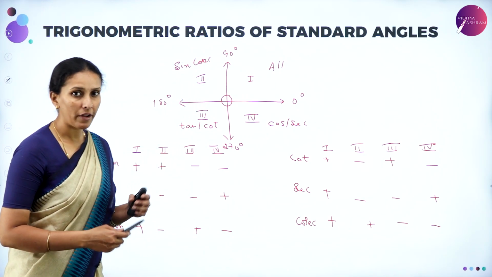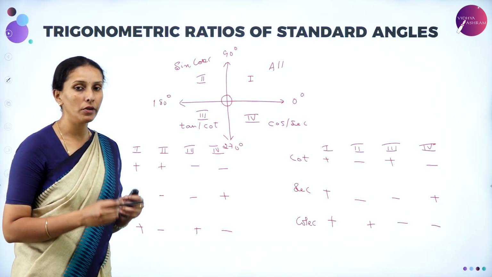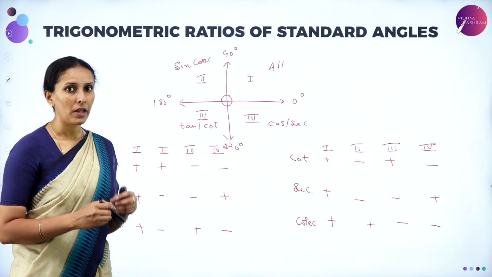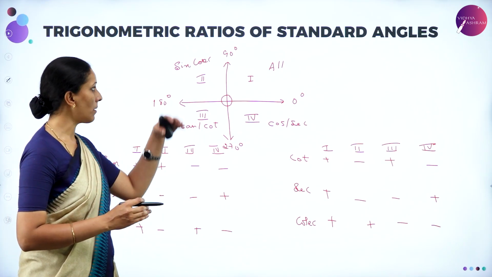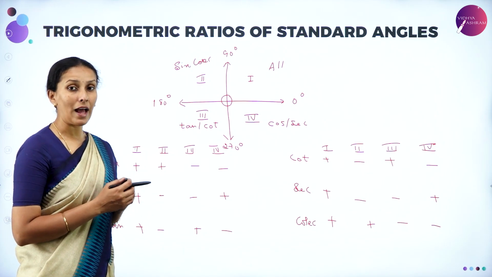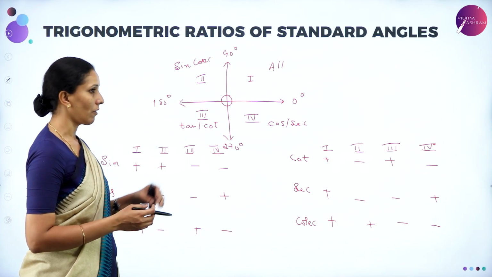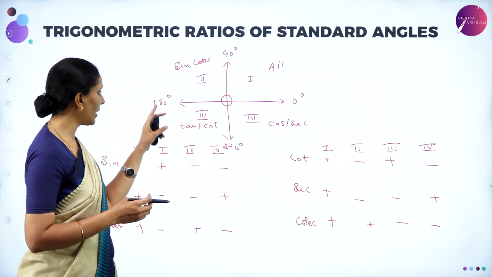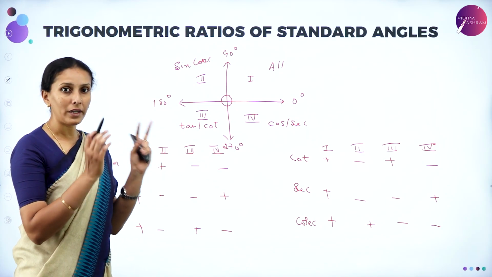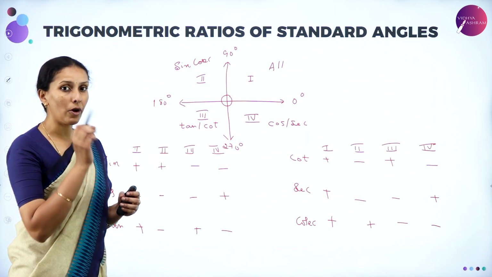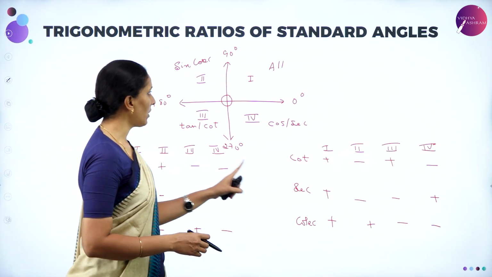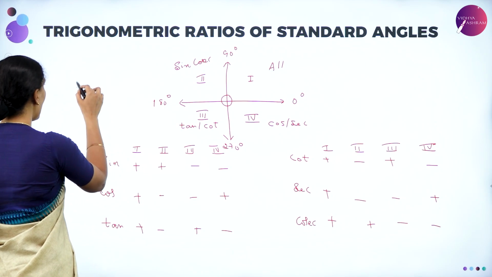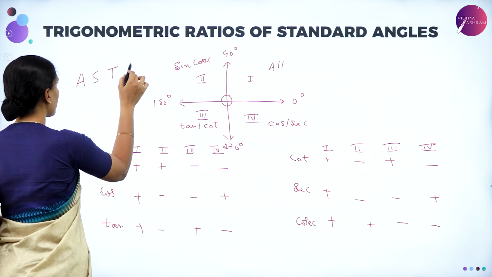So for the value of an angle, for example, I told you sine 90 is 1. But when you consider sine of 90 plus theta, which comes in the second quadrant, again whatever the value, it will be positive. But when the angle is between 180 to 270, whatever the angle may be, the sine value will always be negative. So by looking at these observations, we have a rule called ASTC.